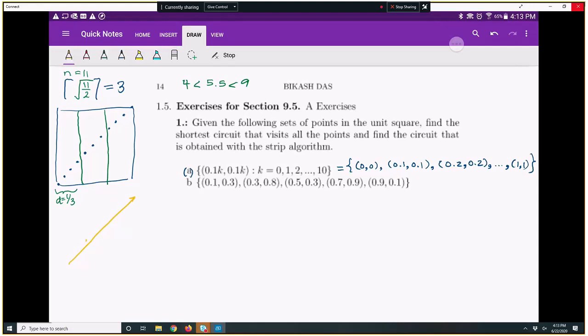So essentially I'm counting twice the length of the diagonal. Well, this is the unit square, so we know that each side has length 1, and using the Pythagorean theorem, I know that the length of the diagonal is the square root of 2. So the shortest path for part A is going to be twice the square root of 2.